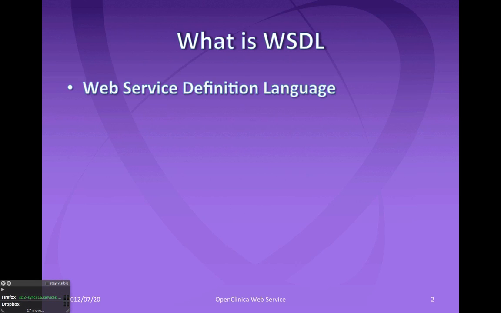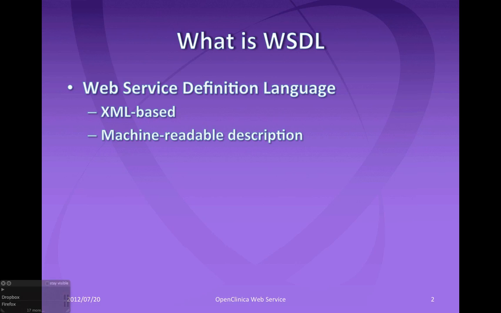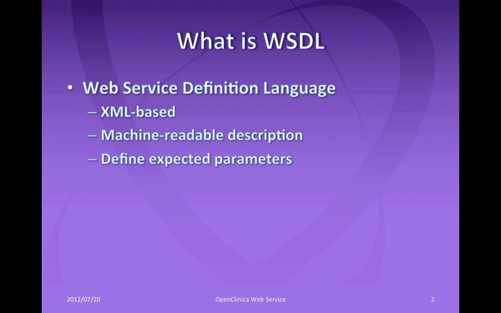The web service description language is an XML-based language that is used for describing the functionality offered by a web service. A WSDL description of a web service, also referred to as a WSDL file, provides a machine-readable description of how the service can be called, what parameters it expects, and what data structures it returns.